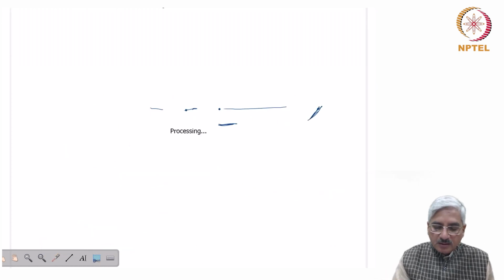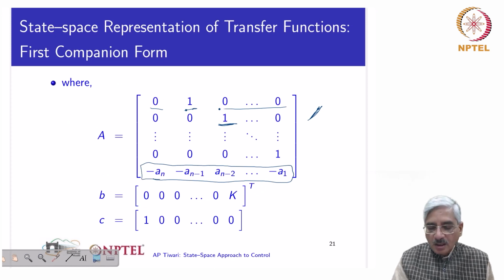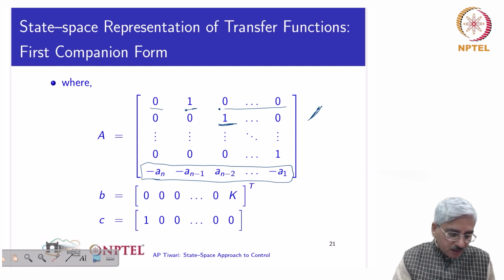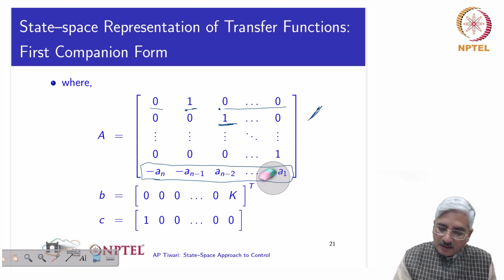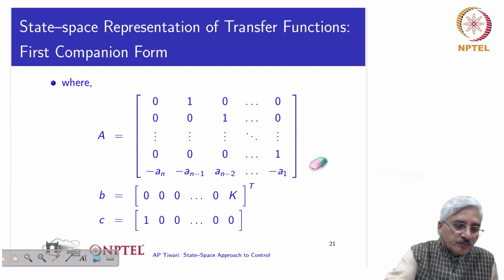So this is coming here in the last row. So this is the system matrix A. Now if you observe it, it has a very interesting appearance.